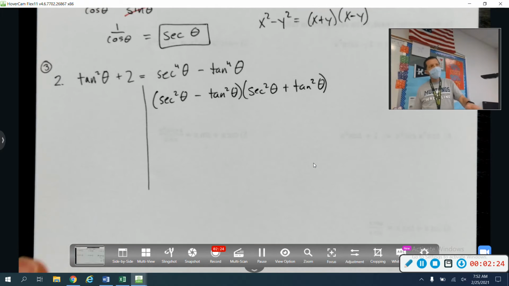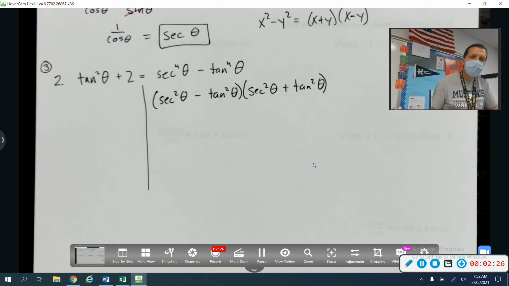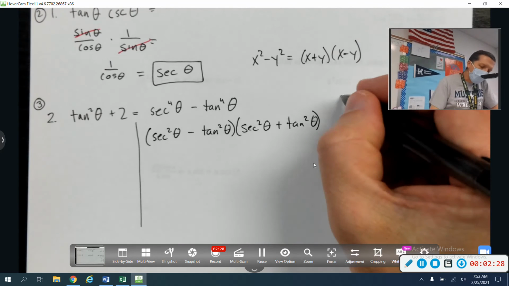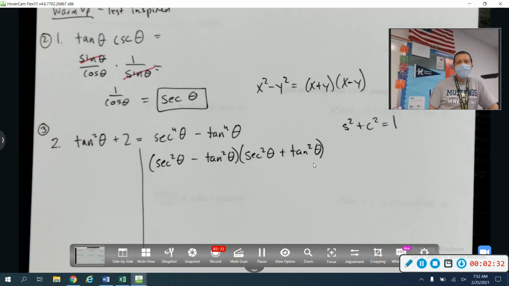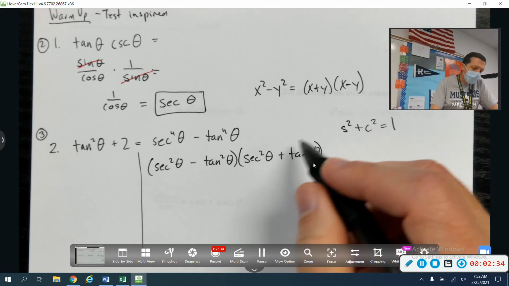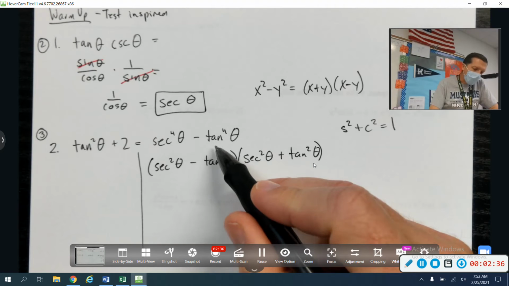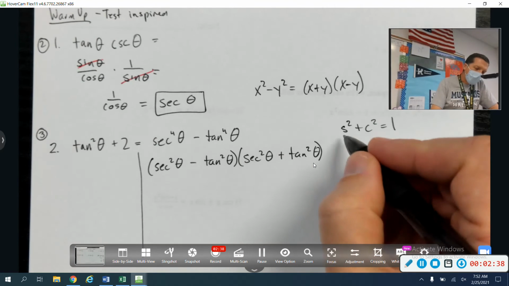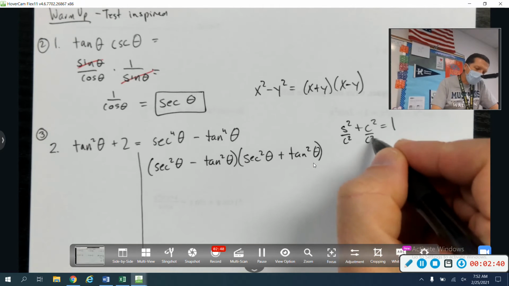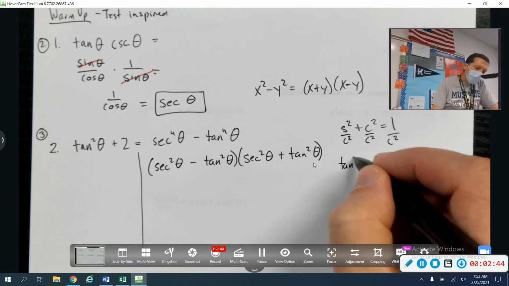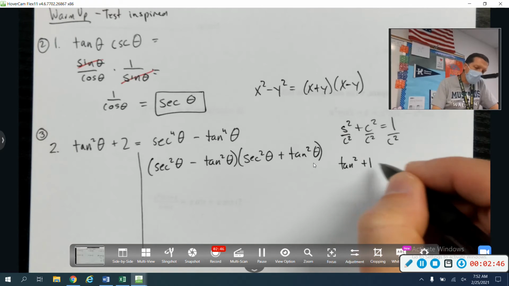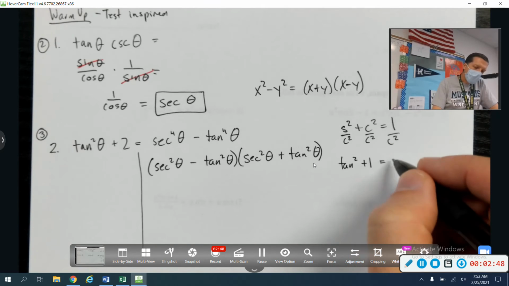But all those squares make me think of those Pythagorean identities. The ones that start with sine squared plus cosine squared is 1, and the others come from dividing by. Let's see, if I want tangent to show up, I should divide by cosine squared. So tangent squared plus 1 equals secant squared.